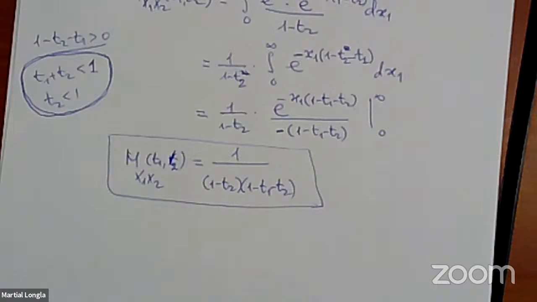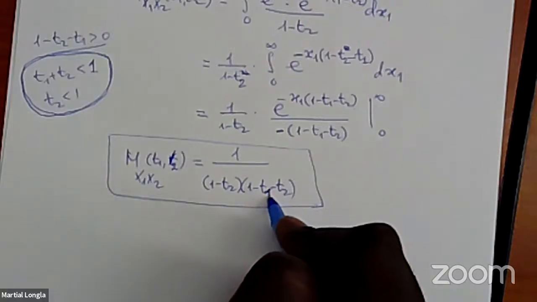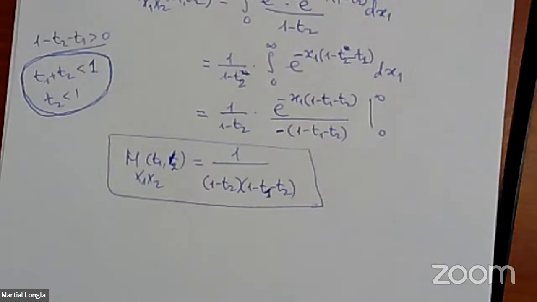Now, jumping ahead to some of the things that we will see, you can see that in this moment generating function, you cannot separate t1 and t2, right? They are combined in this 1 minus t1 minus t2 times another function of t2. So there's no way you can write this function as a product of a function of t1 times a function of t2.